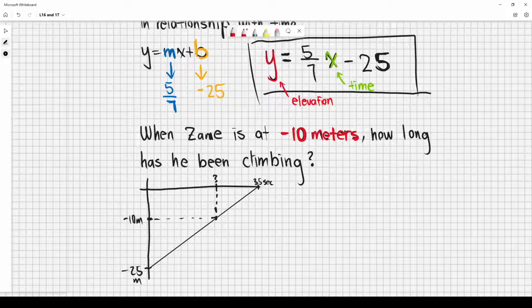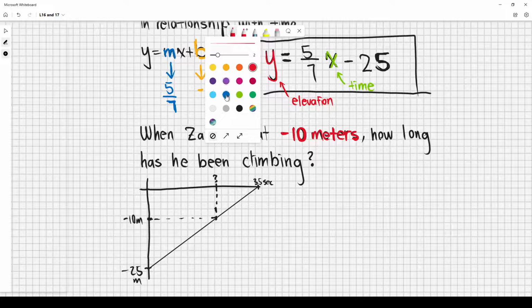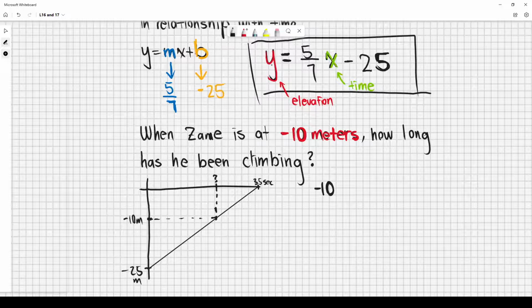Always. So how you go about solving this? Exactly like that. So negative 10, that's his elevation at a certain time, and we're trying to solve for that certain time.